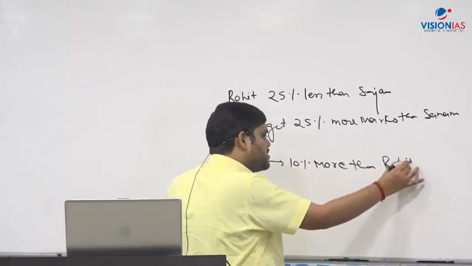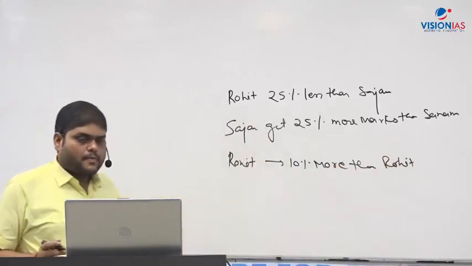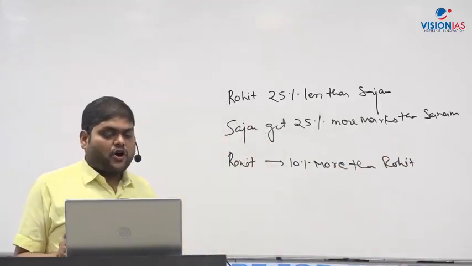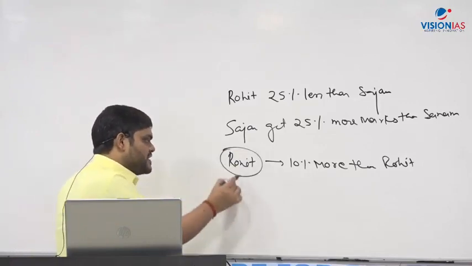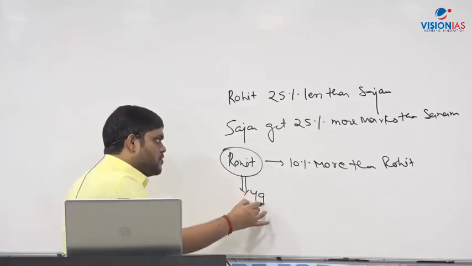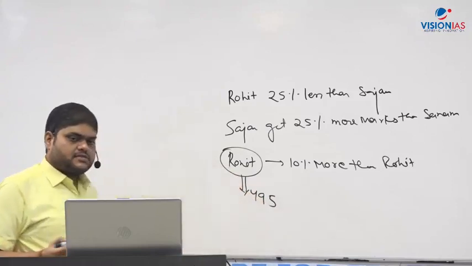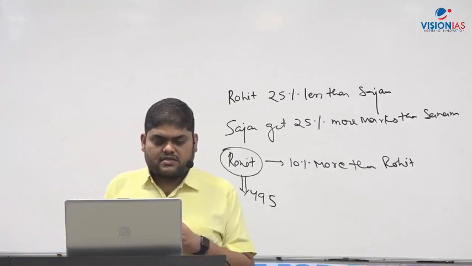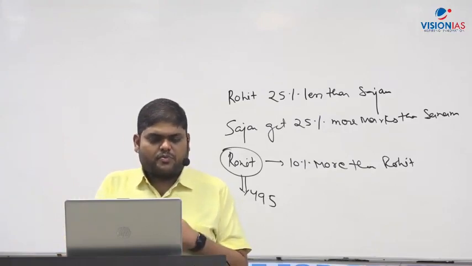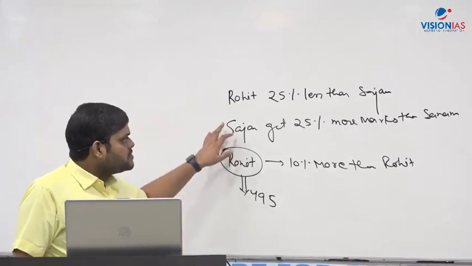If Ronit gets 495 marks, then what percent of marks did Sanam get?